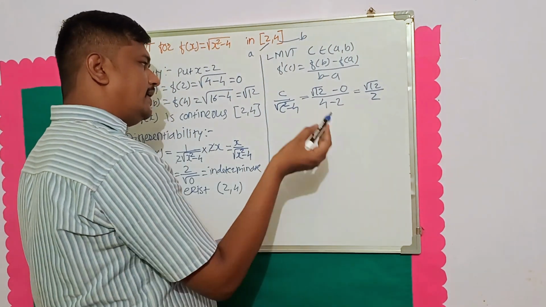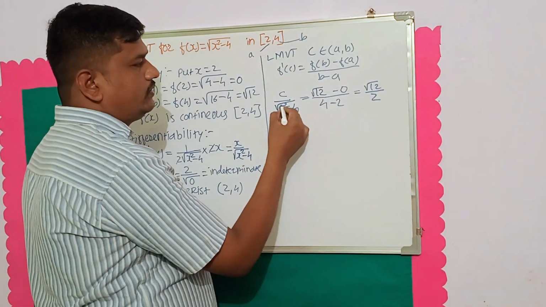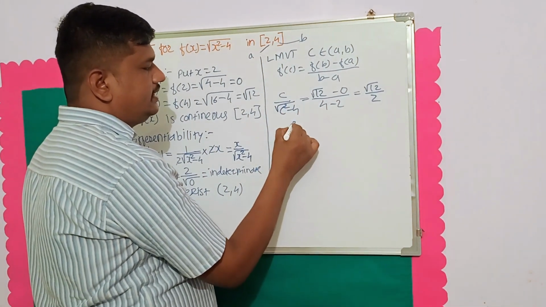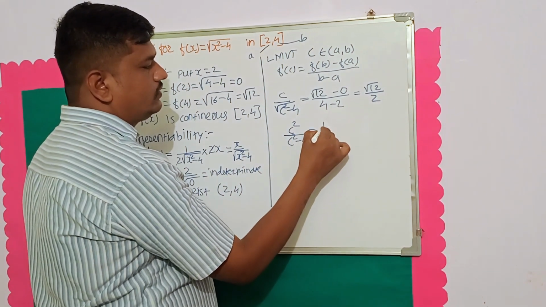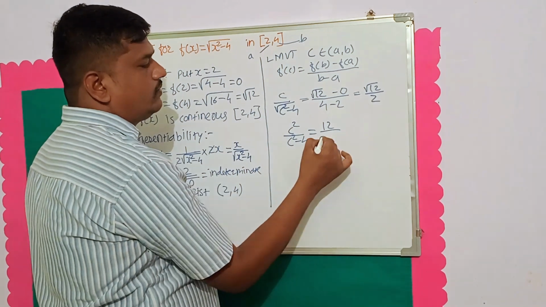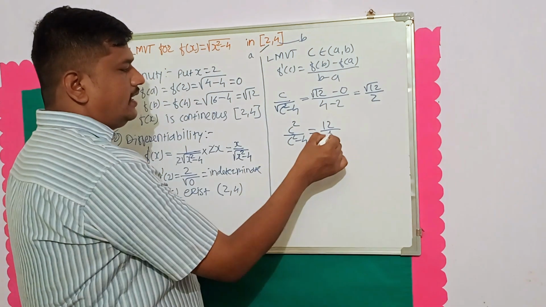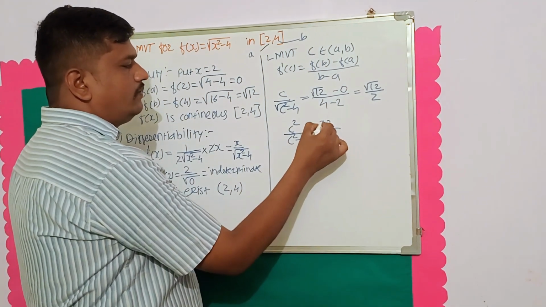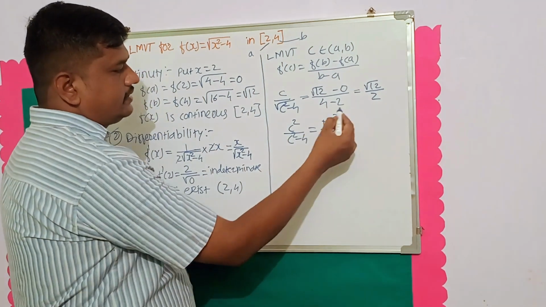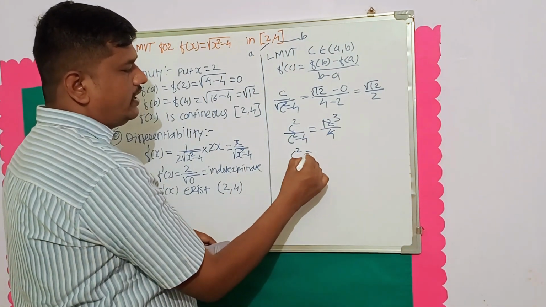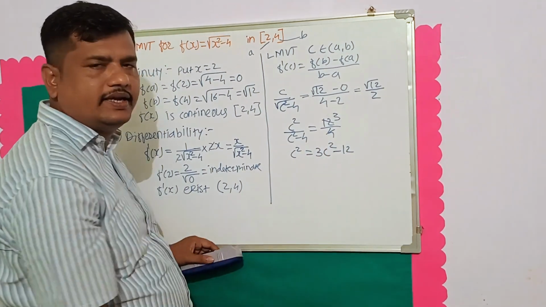And for further simplification, let me square both sides. I will get c square divided by c square minus 4 is equal to 12 divided by the square of 2, which is 4. Again I will simplify this. 4 3s are 12, and then I'll take the denominator to the other side, so I'll get c square is equal to 3 times c square minus 12, isn't it?